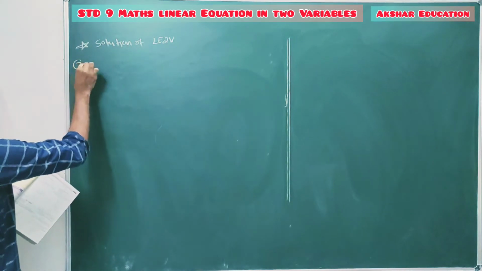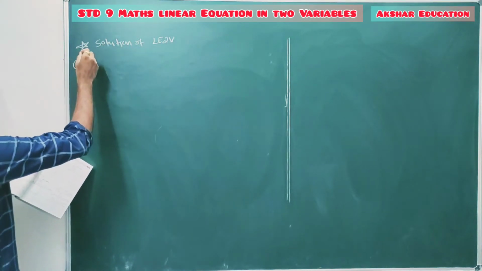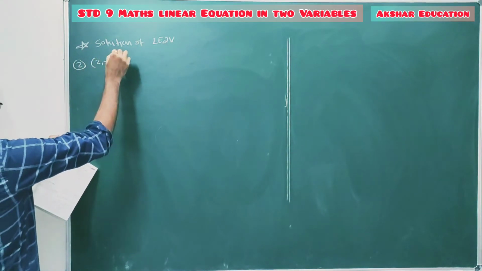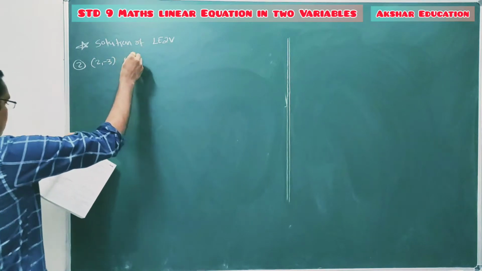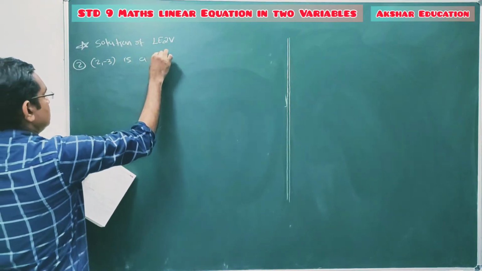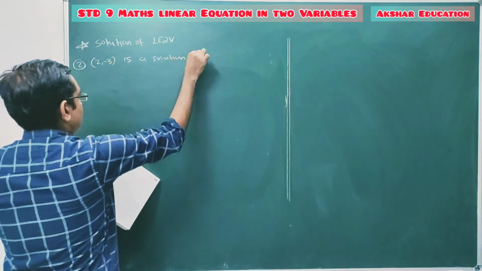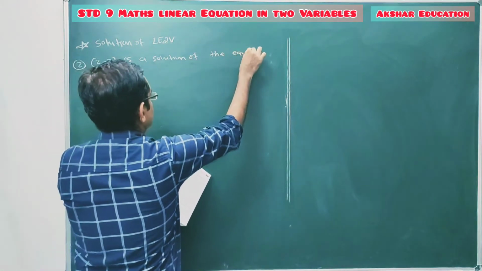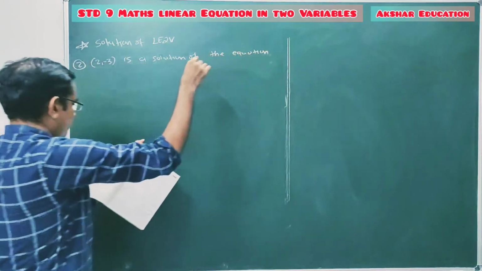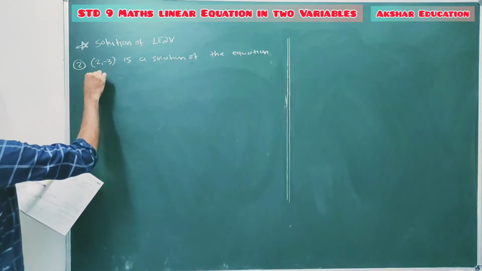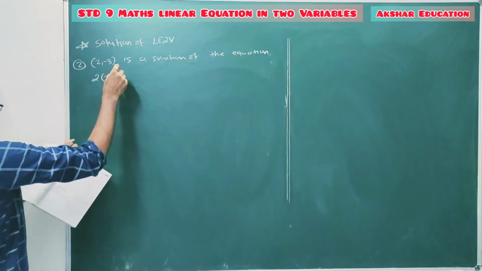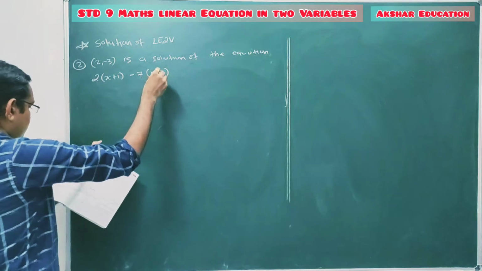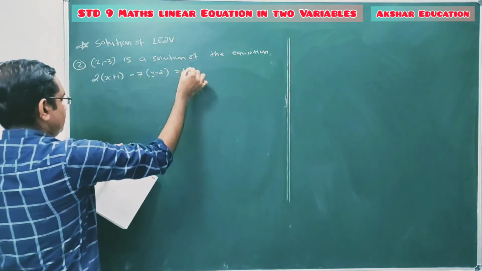So question number 2, if (2, minus 3) is a solution of the equation 2 into (x plus 1) minus 7 into (y minus 2) equal to k.